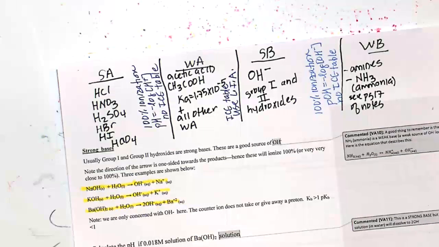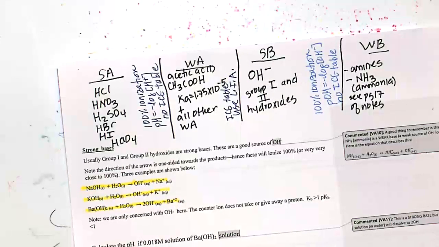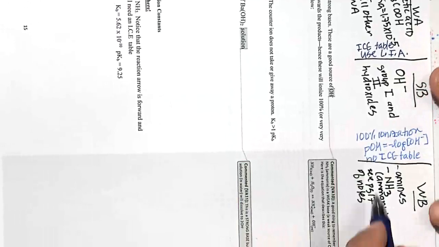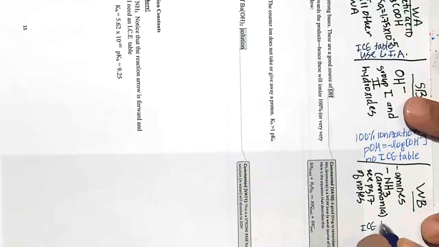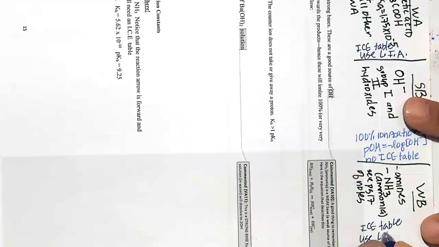So these weak bases are a weak source of OH minus. These weak acids are a weak source of H plus. And what do we do with the weak bases? We use an ice table, and we use the low ionization assumption. Okay? What will we find first?